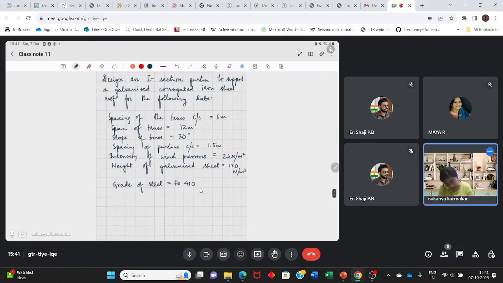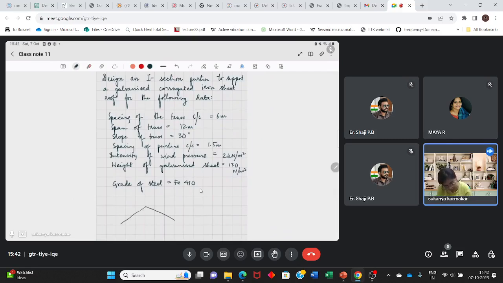Basically, this is an industrial building. So it will be like this. A truss will be there.